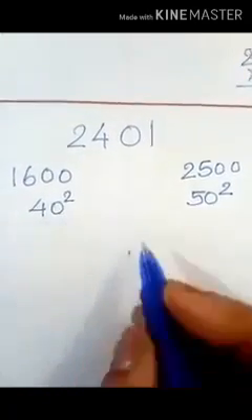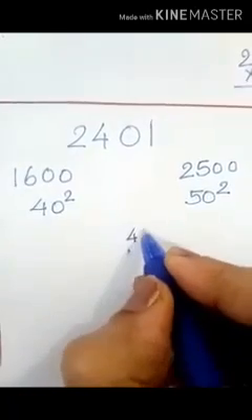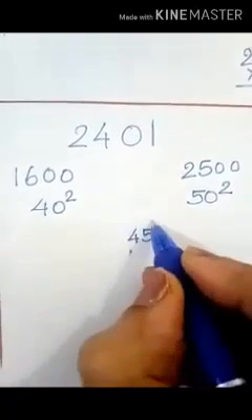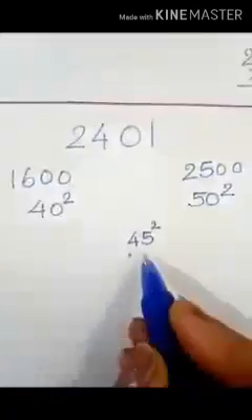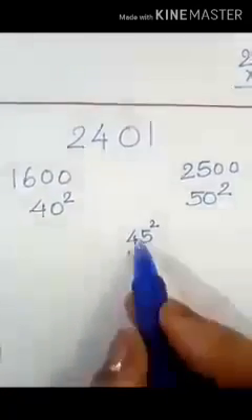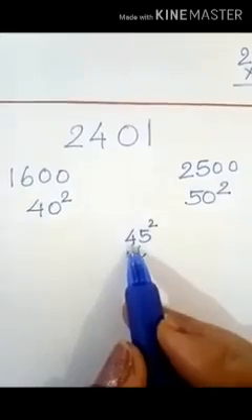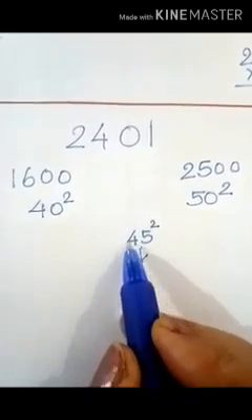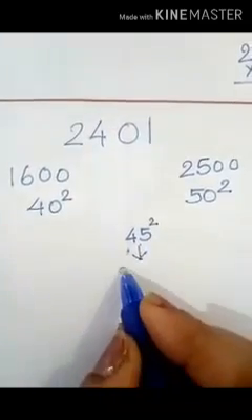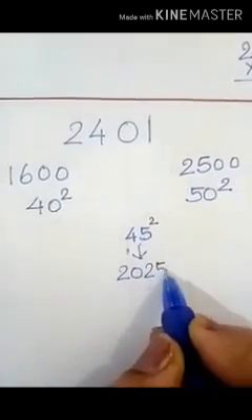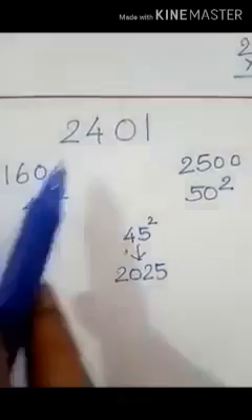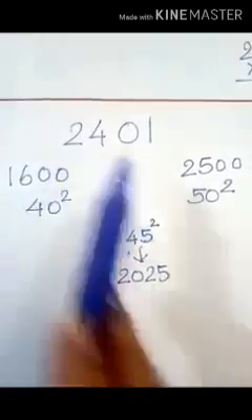Okay, you also know how to find the square of 45. Let's first find out how much is 45 square. You remember your second table, 4 you have to multiply with its next number. 4 5s are 20 and 5 square is 25. So now see this, your number 2401.